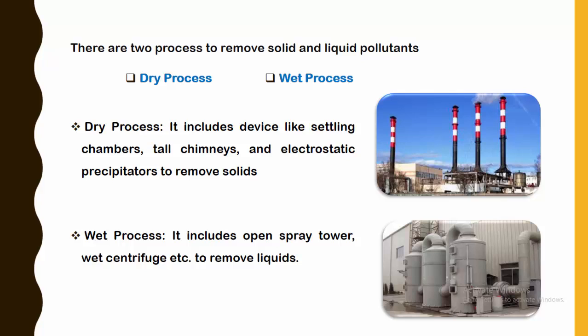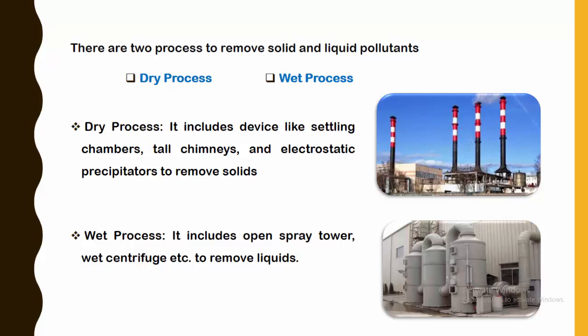Some settling chambers are also there, and with the use of the chambers pollutants can also be controlled. So the dry process includes devices like settling chambers, tall chimneys and electrostatic precipitators to remove the solid pollutants.